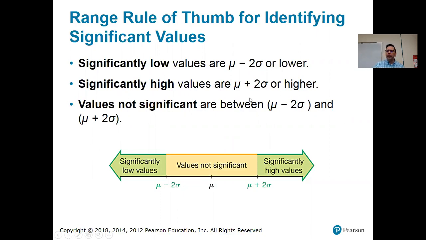All right, so if something is more than 2 standard deviations above the mean, and that's what this symbol right here means, this is saying the mean plus 2 times the standard deviation. Anything that's bigger than that is significantly high. All right, the mean minus 2 times the standard deviation, anything that's less than that would be considered significantly low. Okay. And then anything that's within 2 standard deviations, they call it not significant.